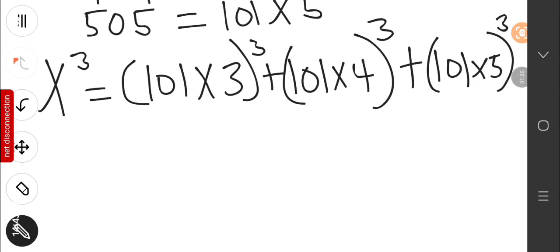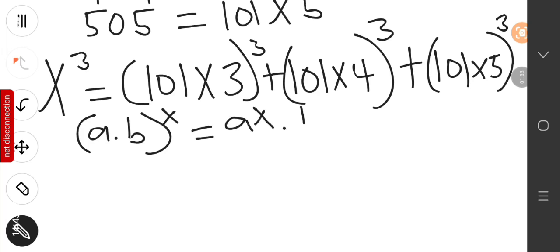Now here we are going to apply the product of powers property. If you have a times b all in a bracket exponent x, this is equal to a exponent x times b exponent x. Now let's apply this concept to the right part of our equation.